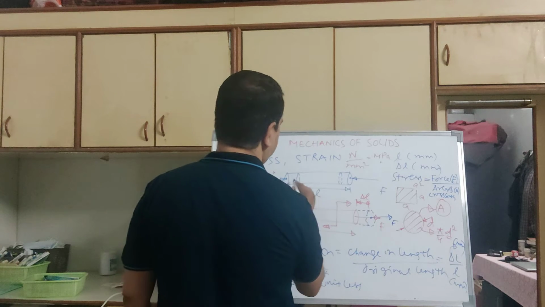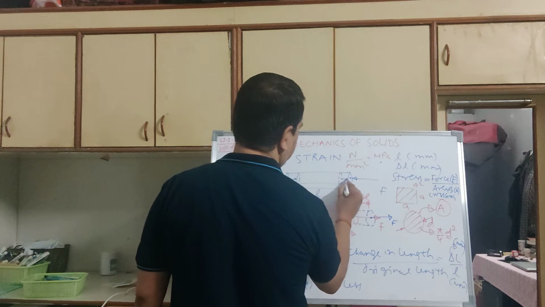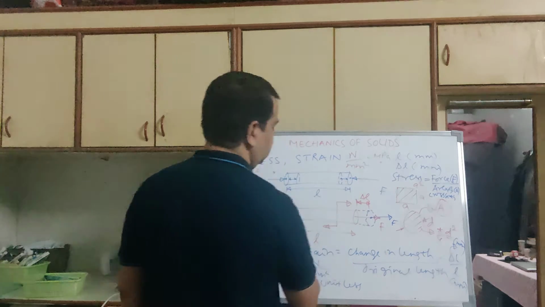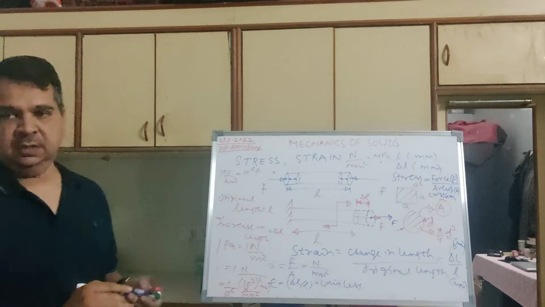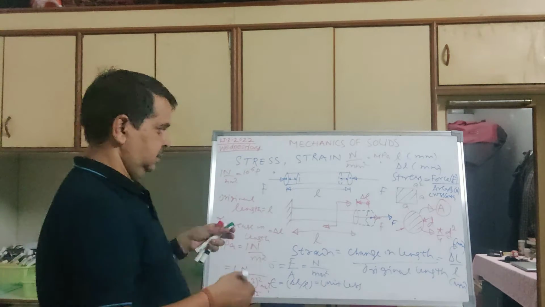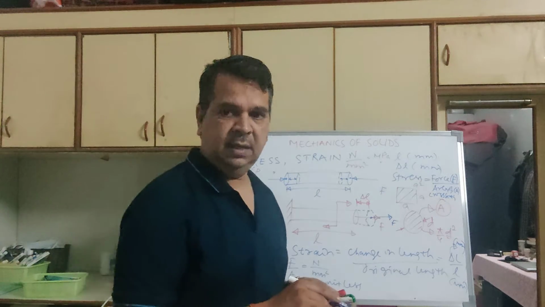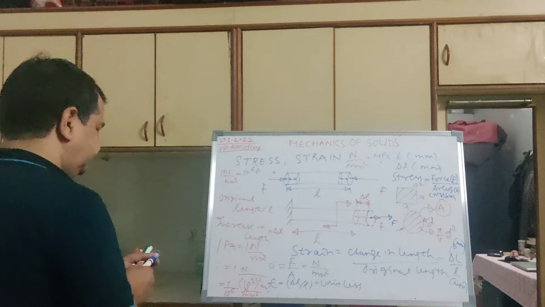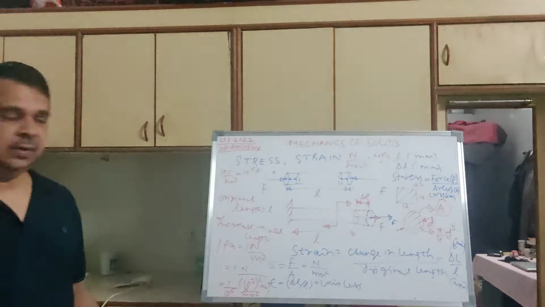It will get compressed by a distance delta L. With compression, the length will decrease, and with tension, the length will increase. I just took an example, this red one.